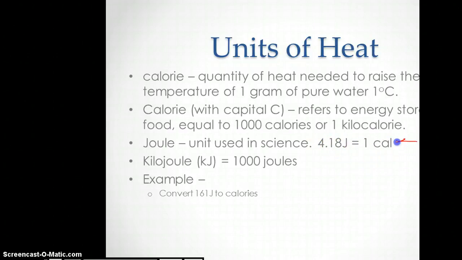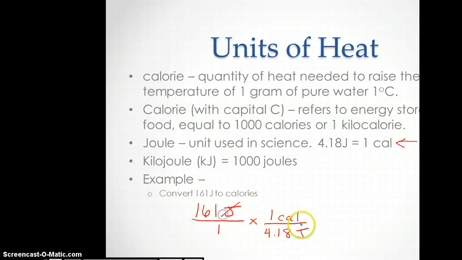So this is going to be a new conversion factor that we can use to convert between units. So, for example, we want to convert 161 joules to calories. Using dimensional analysis, we would start with 161 joules, capital J, over 1. And then our conversion factor says that 1 calorie is equal to 4.18 joules.